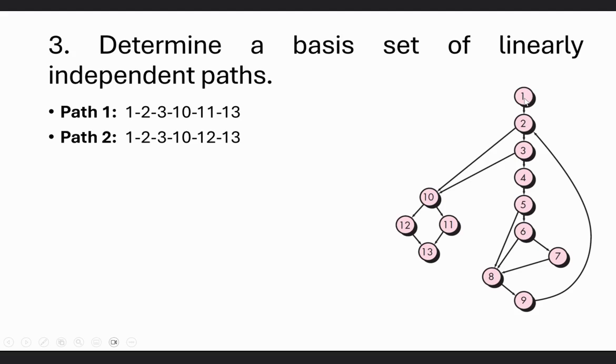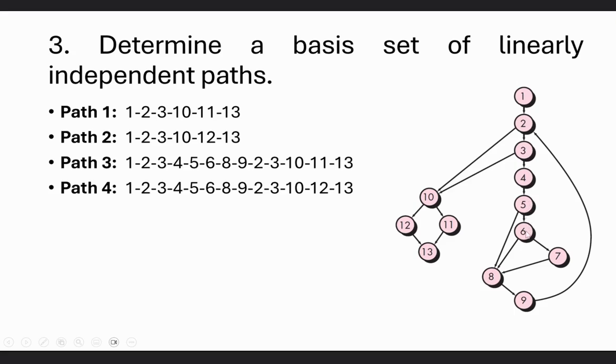So path 1 is: I'm going to execute from 1, 2 and 3, which are both the conditions given in the do while. If the condition is false, then it will execute 10. So 1, 2, 3, 10, and then either it will move on to 12, 13 or it will move on to 11, 13. So there are two paths here, 1, 2, 3, 10, 11, 13 and 1, 2, 3, 10, 12, 13. And the next one: if the condition is true, it will move on to 4. So 1, 2, 3, 4, 5, 6, and if this condition is false, it will go to 8.